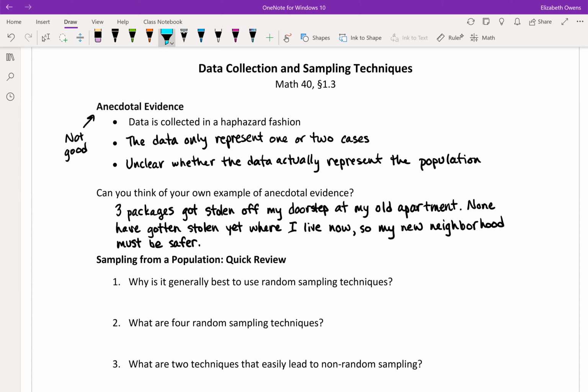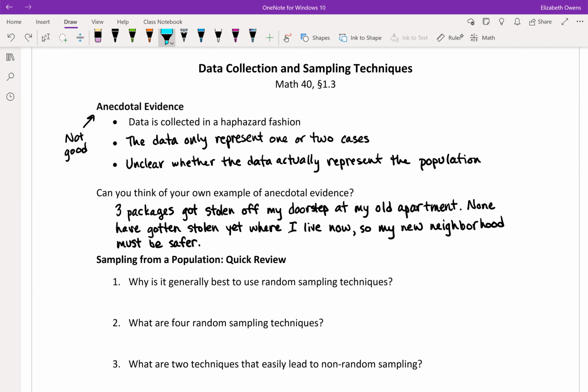Sure, I had some packages stolen at my old place, and nothing's gotten stolen yet in my new place. But there are a variety of factors at play here. Like I haven't lived as long at the new place. I have a safer or more hidden receptacle for packages. The housing isn't quite as dense. So yeah, there are a lot of different factors. This is not a valid conclusion based on this anecdotal evidence.